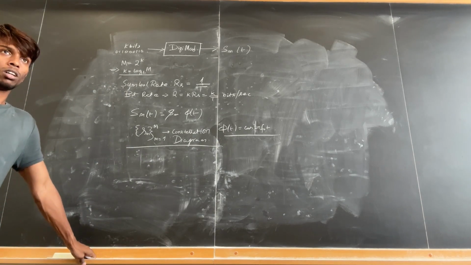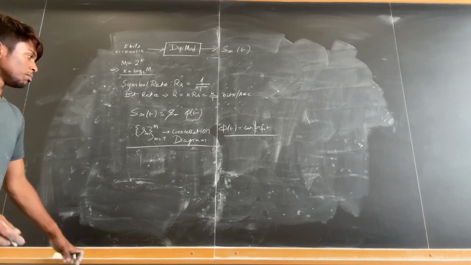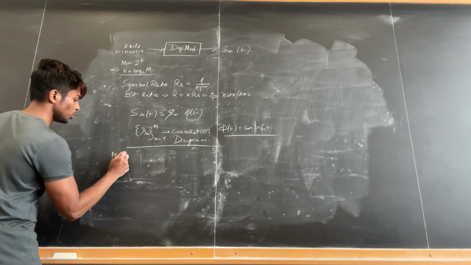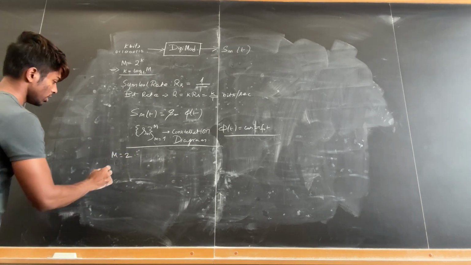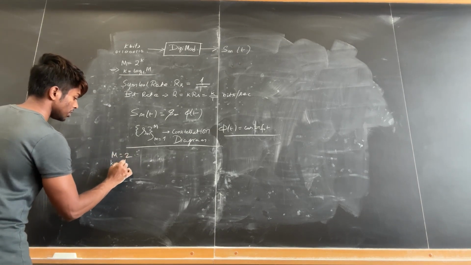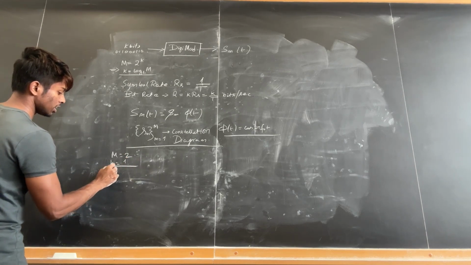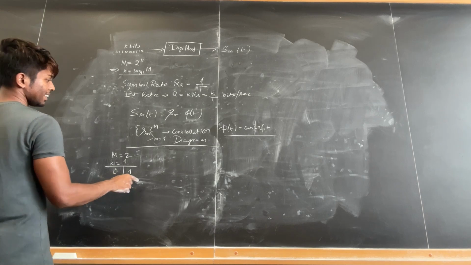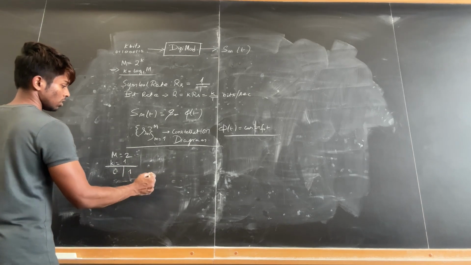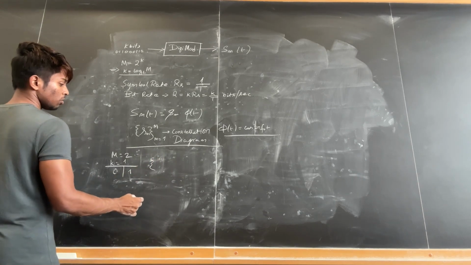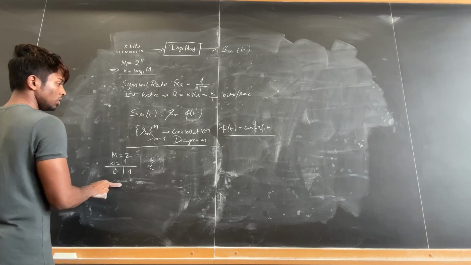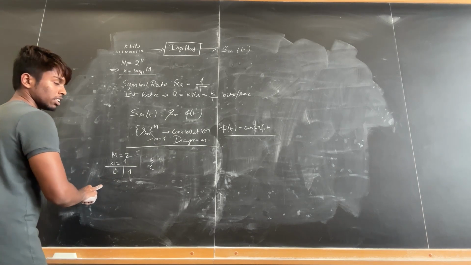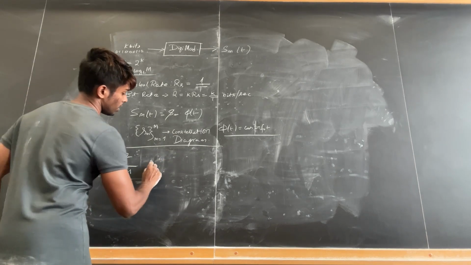So as a whole, two symbols are there. So M is equal to 2. Let's take an example. So there should be how many bits? 1 bit. That means two symbols are essentially 0 and 1. So s_m will have certain values. What is the value of s_m in the constellation map for symbol 0?